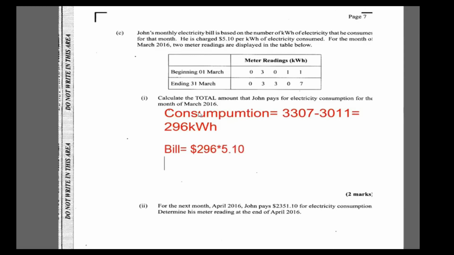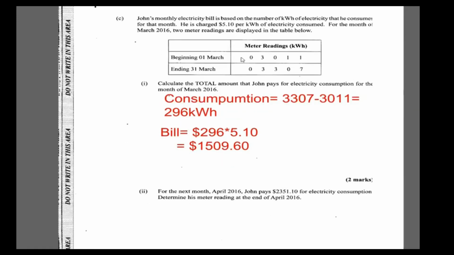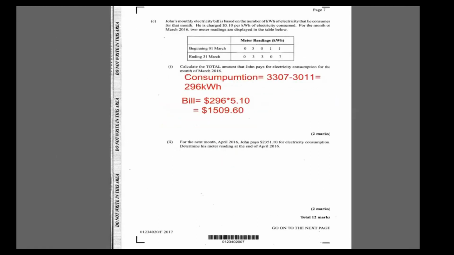When you work that out, 296 times 5.1, you're getting $1,509.60. So you will pay $1,509.60, which is not bad. That's pretty good. So he's not burning too many kilowatts. John is a good person.